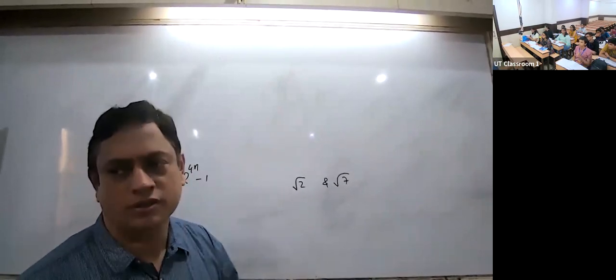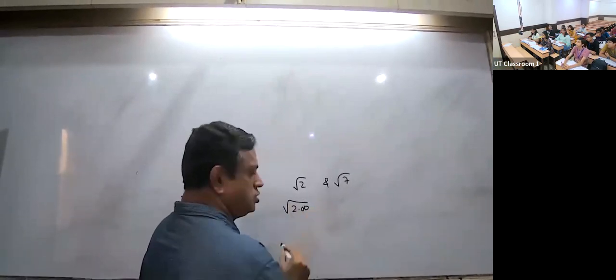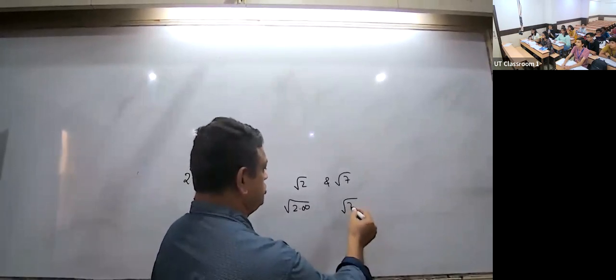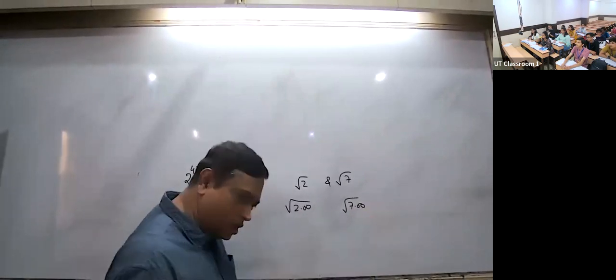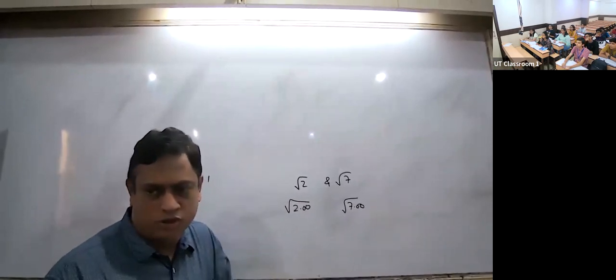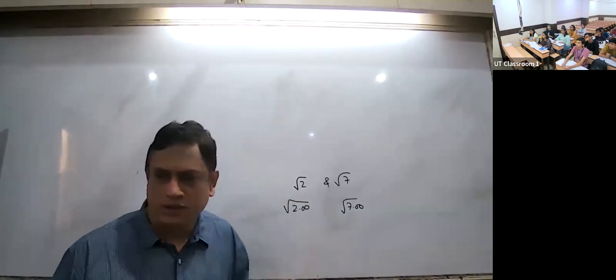Without finding, 2 can be 2.00 and 7 can be 7.00. Just imagine 200 and 700.